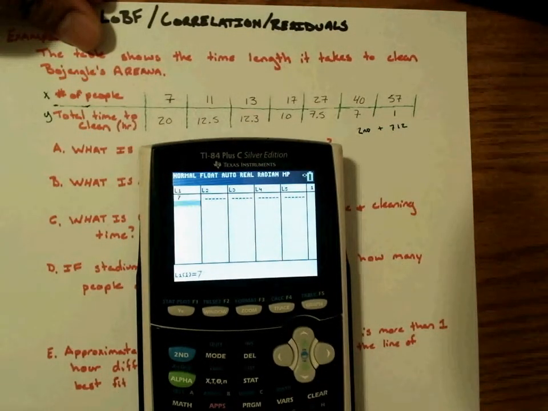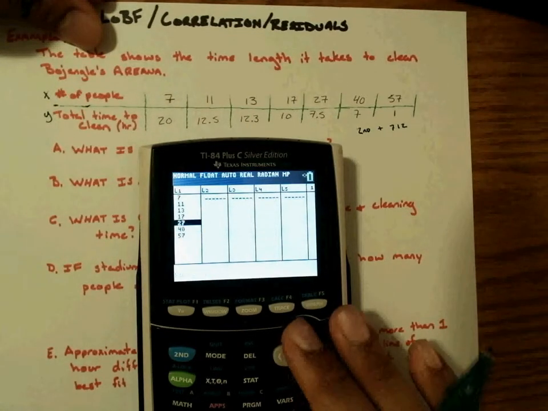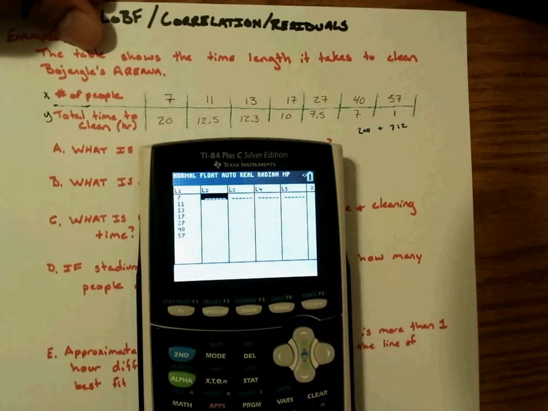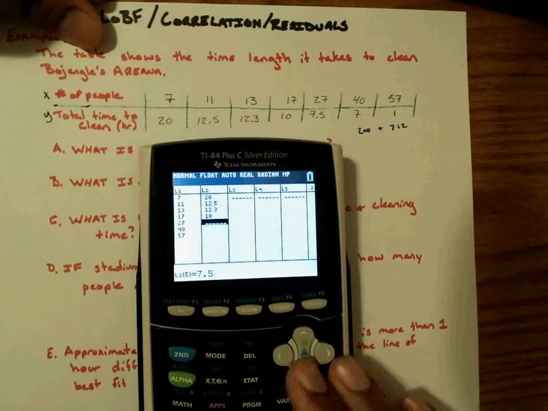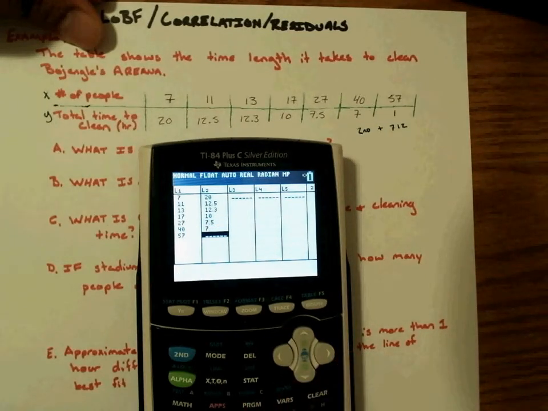We have 7, 11, 13, 17, 27, 40, and 57. And then we have 20, 12.5, 12.3, 10, 7.5, 7, and 1.